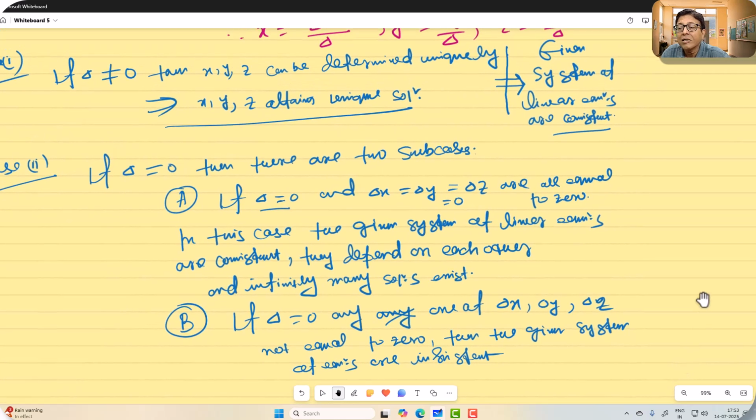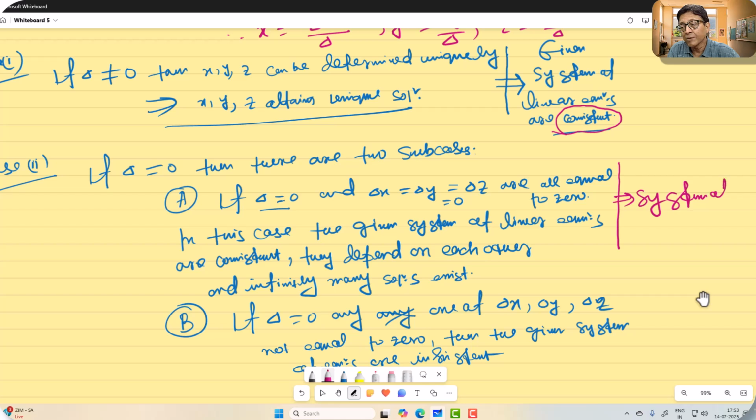Consistent means a solution exists. So a solution exists in the first case, and in the second case too. Let me take a few examples to explain all these things.